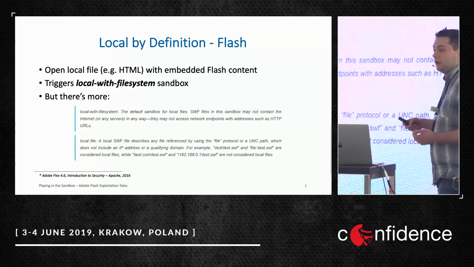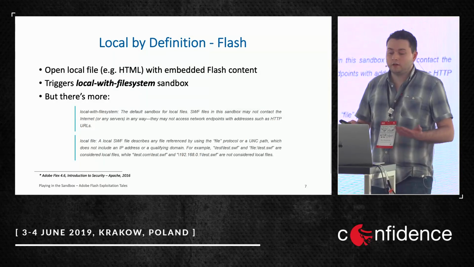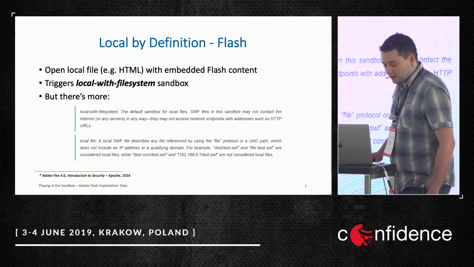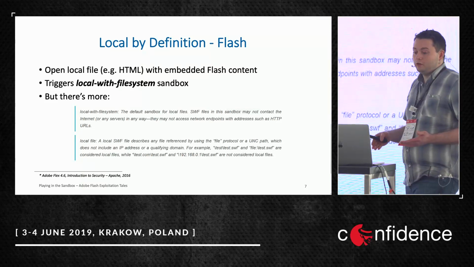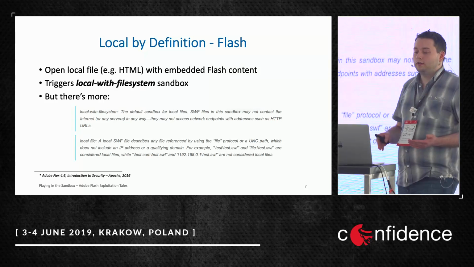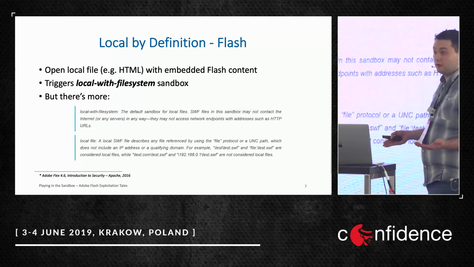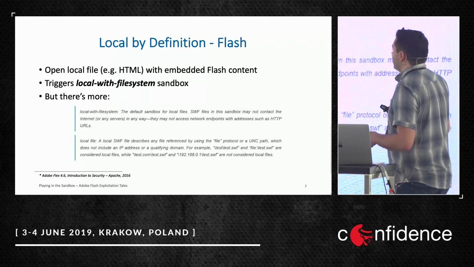So I'll briefly go through them. The first one defines the local-with-filesystem sandbox itself. And Adobe says this is the default sandbox for local files. SWF files in this sandbox may not contact the internet or any servers in any way. So pretty straightforward. But then there's another definition that is important here.